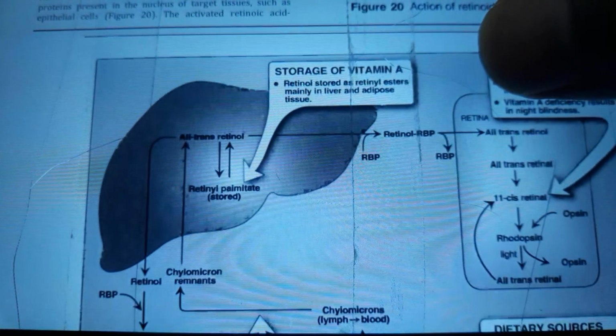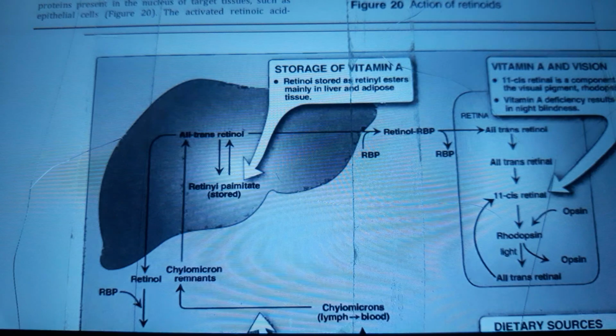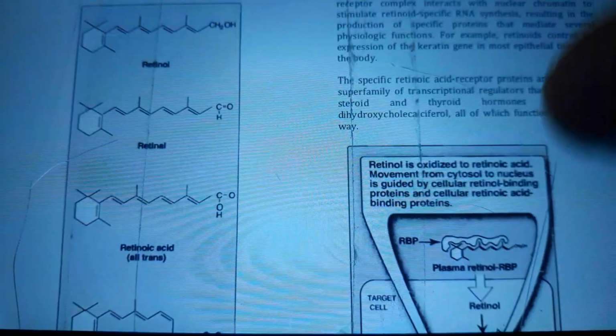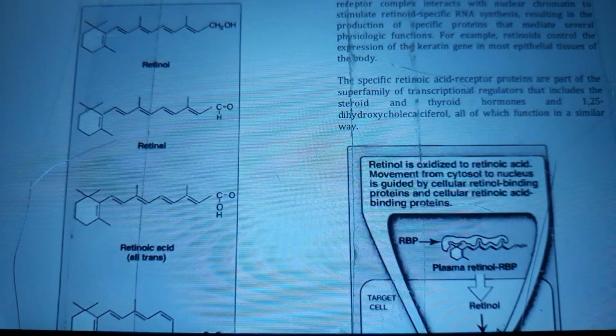Mechanism of action of vitamin A. Retinoic acid binds with high affinity to specific receptor proteins present in the nucleus of target tissues such as epithelial cells. The activated retinoic acid and receptor complex interacts with the nuclear chromatin to stimulate retinoid-specific RNA synthesis, resulting in the production of specific proteins that mediate several physiologic functions.